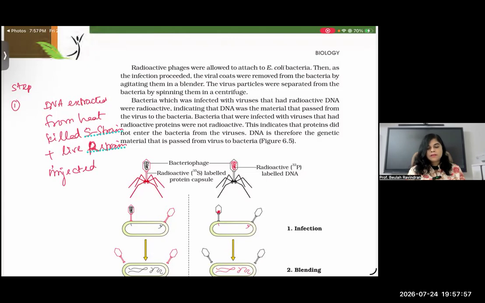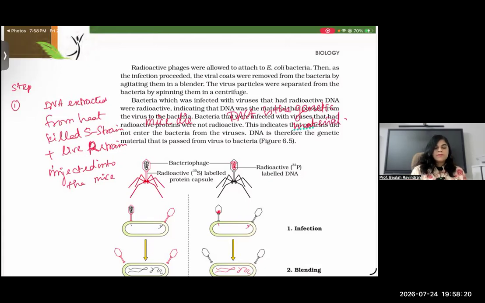Then what will happen? Mice die. Then DNA is the genetic material. So this is the process. DNA is the genetic material. So this is the first step.